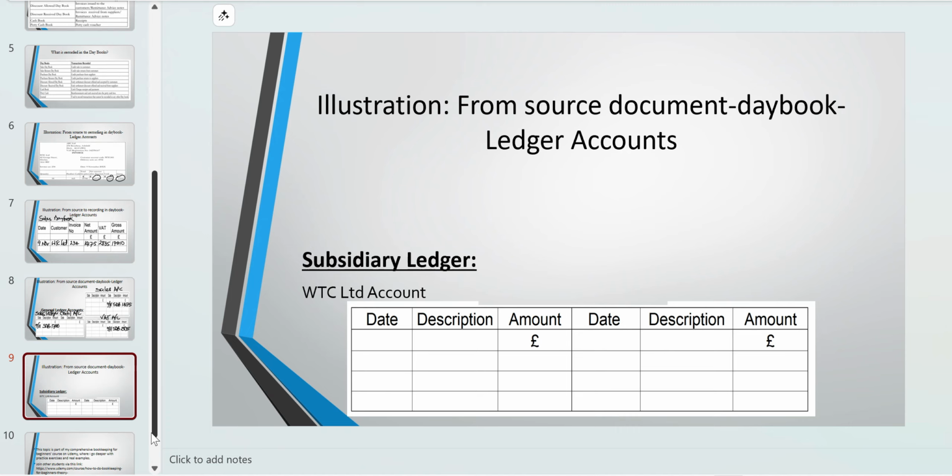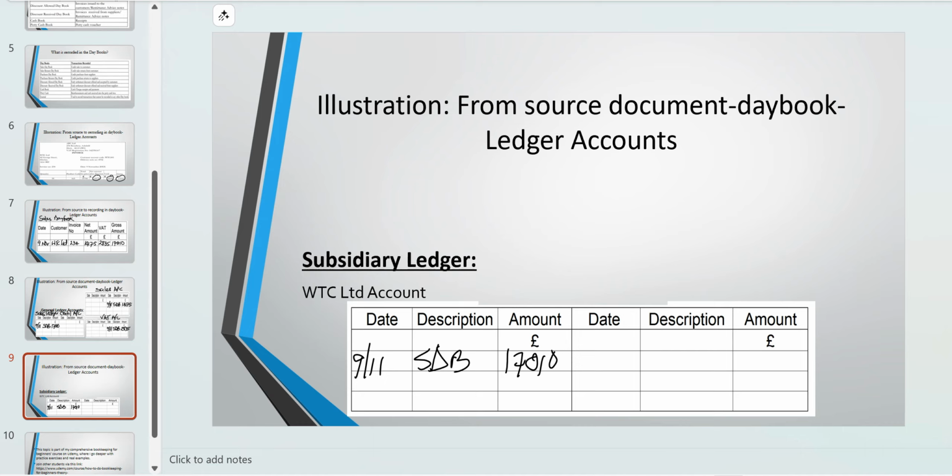So meaning on the WTC account in the subsidiary ledger, 9th of November, I'll write SDB, or I'll write sales. It's either sales or sales daybook, meaning the whole amount, because that is the whole amount the customer is owing.